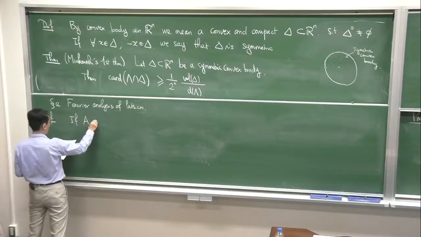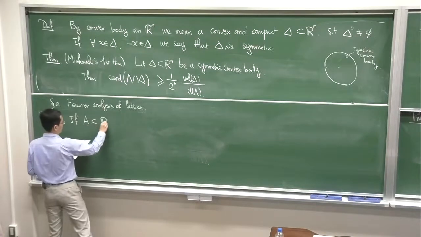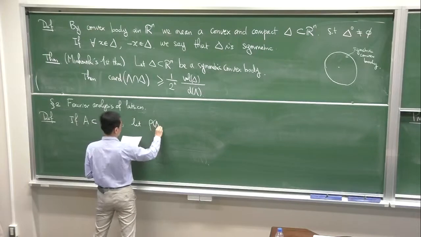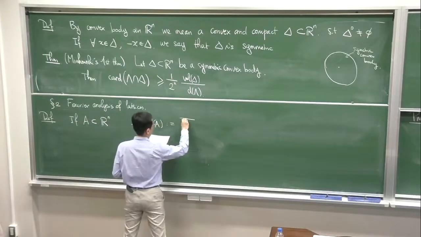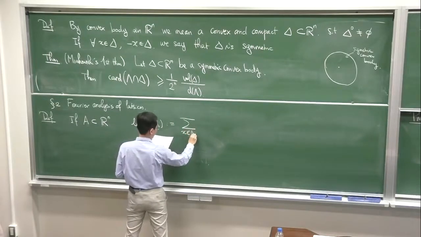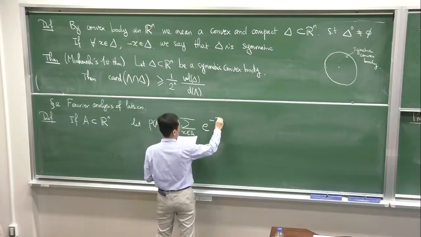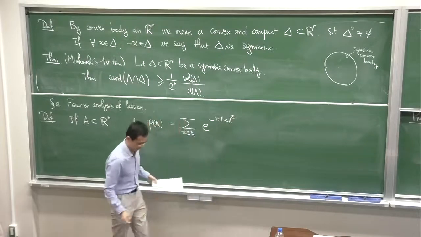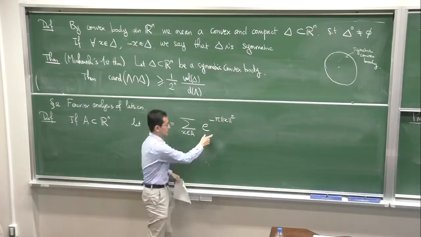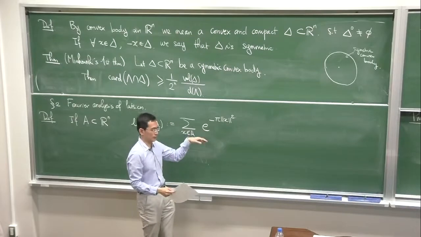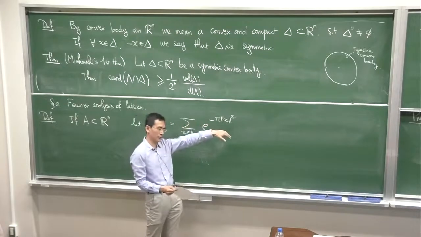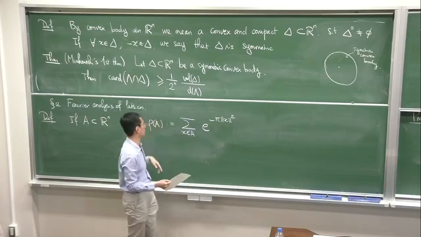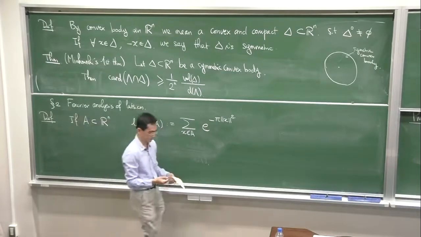So if A is some subset of R to power n, we let rho of A be the sum, for any x in A, of exponential of minus pi times the norm of x squared. So you see that this is just the evaluation of the Gaussian, a normal distribution function, at the point x, and you take the sum.